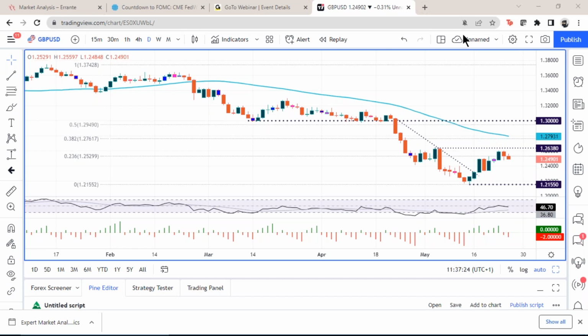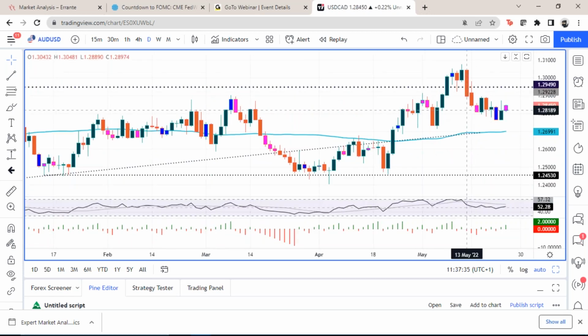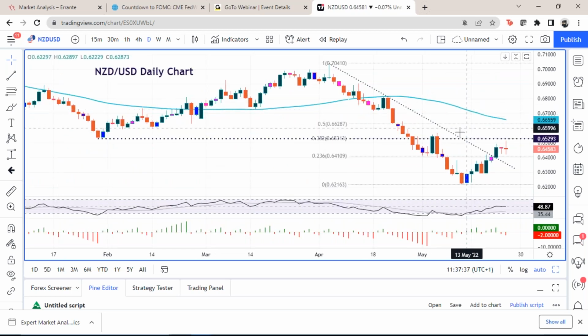Just checking out another currency, I think we should probably look at the Kiwi dollar. Kind of relates to our risk on, risk off theme, and also obviously the RBNZ met overnight. Here's the Kiwi dollar chart. So yeah, the RBNZ, they hiked the OCR, so the official cash rate, by 50 basis points to 2% as expected.